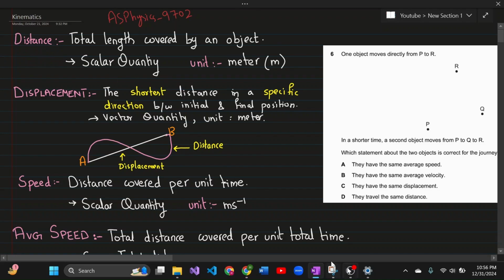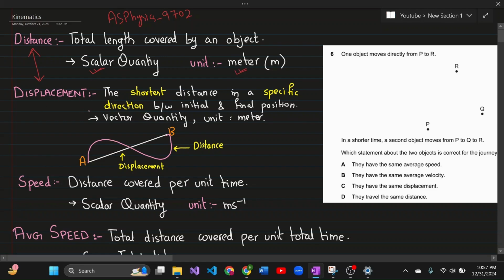First, we have the concept of the difference between distance and displacement. Distance is the total length covered by an object. It is the full length irrespective of the direction. That is why we call this quantity scalar. Distance is a scalar quantity and its unit is meter.